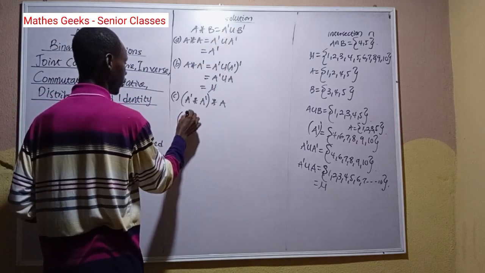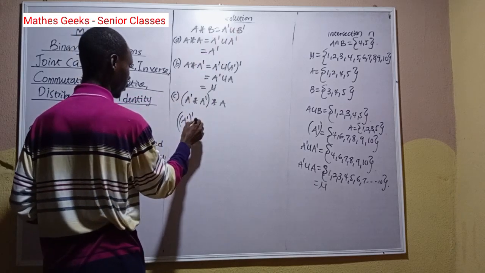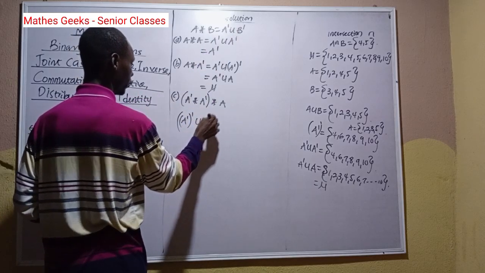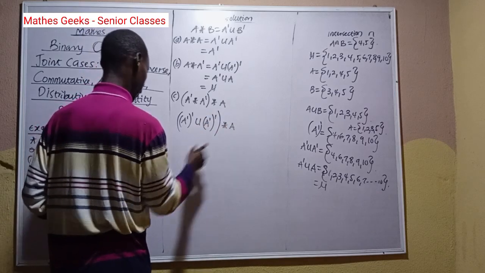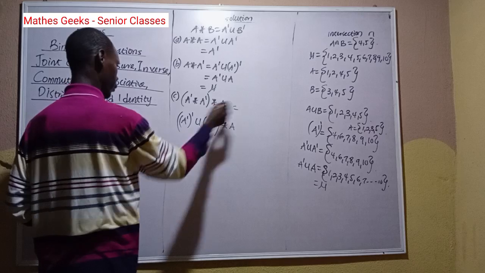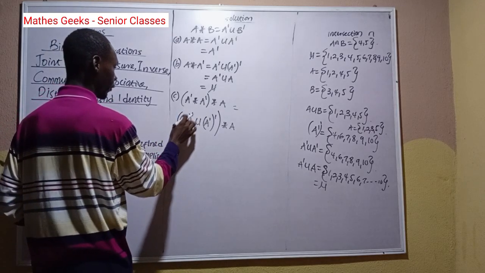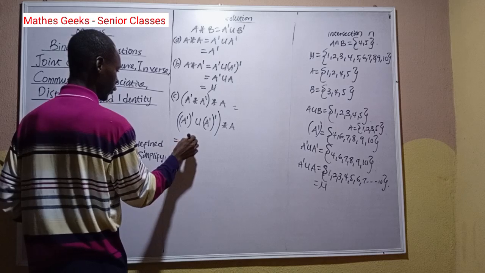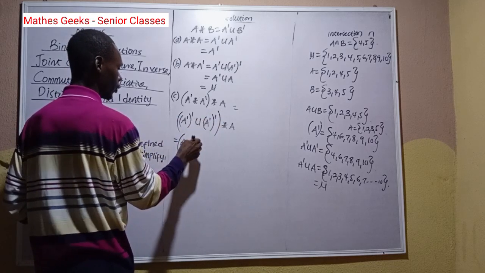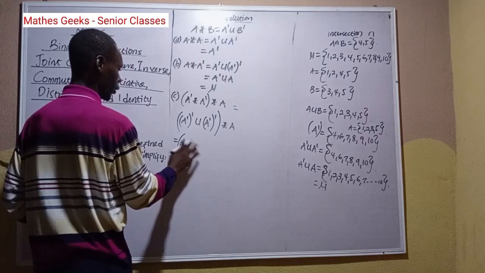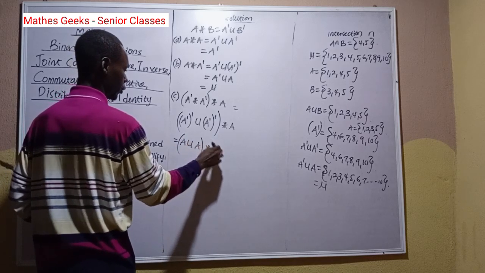The complement of A complement is E, so that's E, that's of A operation. The complement of A complement will give us E again, so that gives us E union E intersection E.